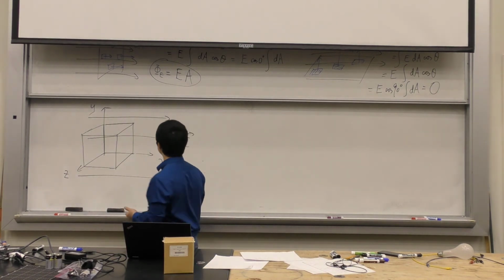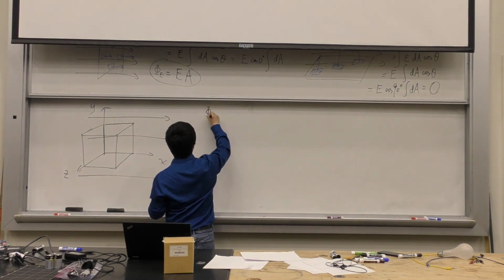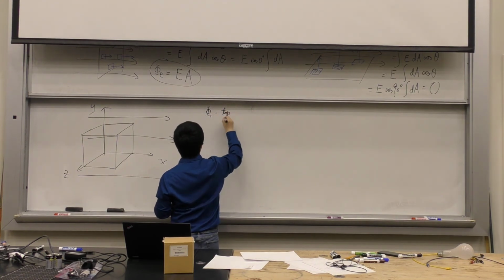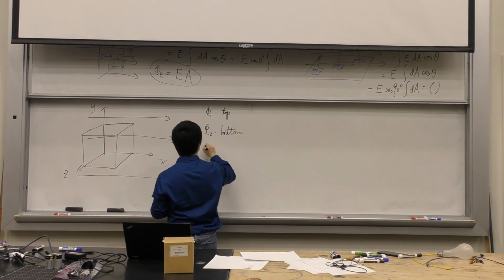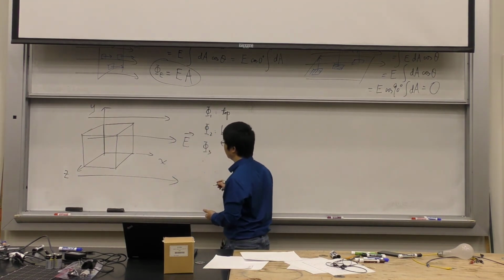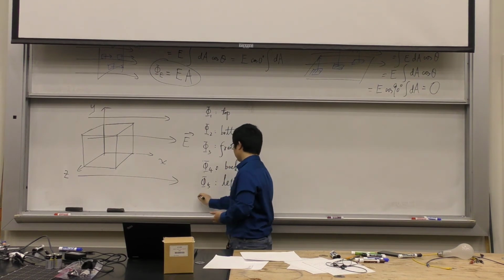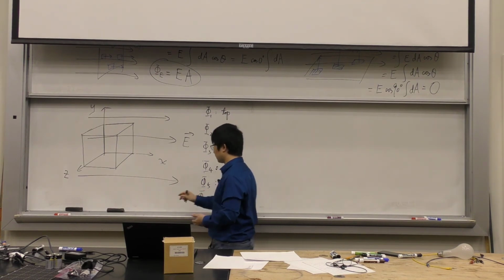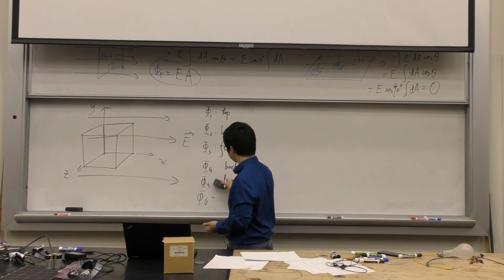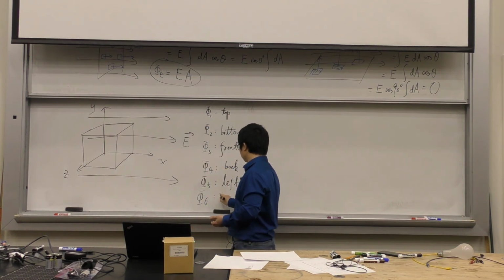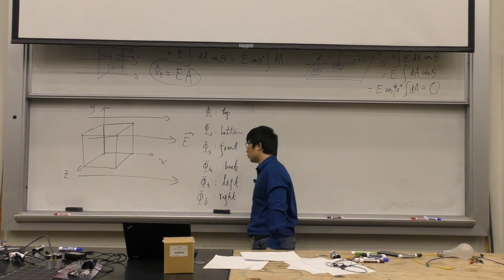You would have flux 1, the top one; flux 2, the bottom surface; flux 3, the front surface; flux 4, the back surface; flux 5, the left surface; and flux 6, the right surface. Then you just add these six numbers together. That's how I find the flux through this whole cube.